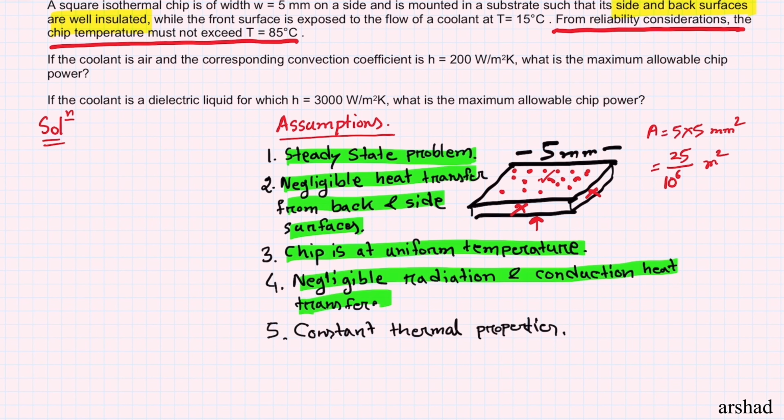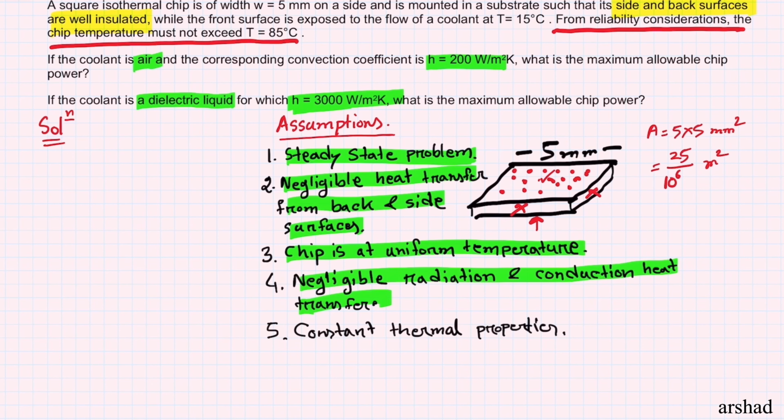And we know from practical insight that the majority of heat transferred from this chip to the coolant is going to be due to convection, because of the temperature difference, and also because the heat transfer coefficient values for both of these fluids, whether it's air or a dielectric liquid, are very high.